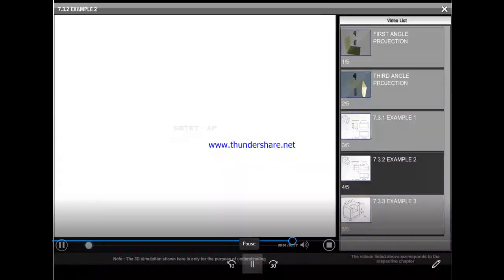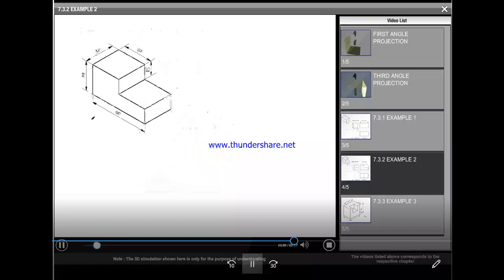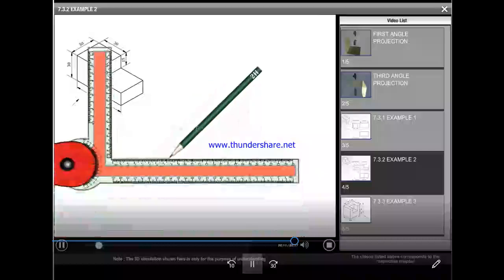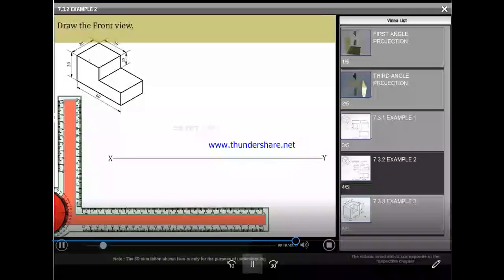In this, we have to draw the three orthographic views of an object for which the pictorial view is available. Draw the front view showing the front surface of the object, conveniently representing some of the dimensions.